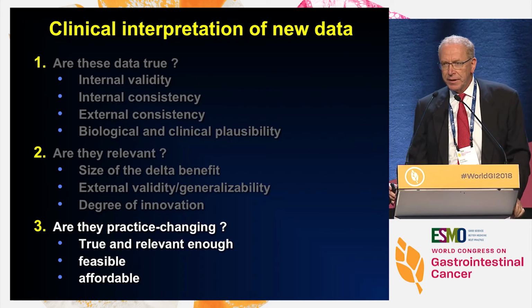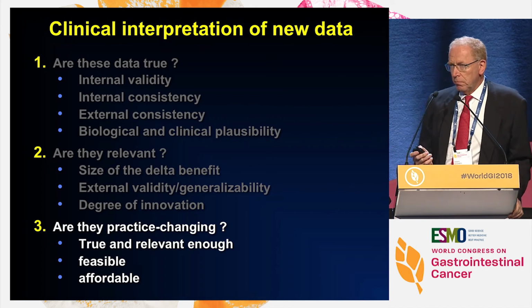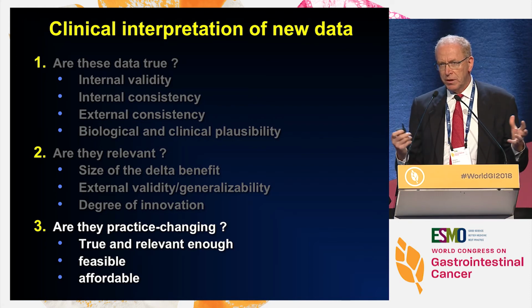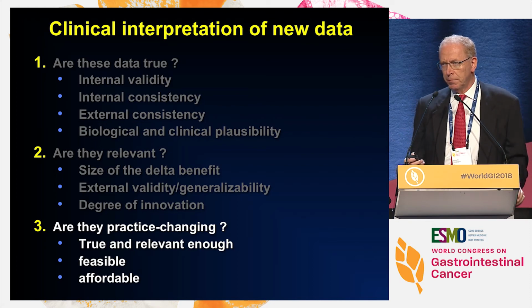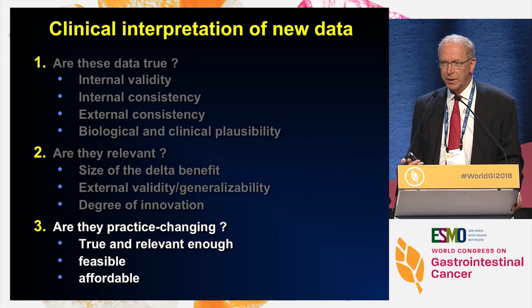Finally, are the data practice changing? So they need to be true enough, relevant enough. They should be feasible and affordable, the regimen and the treatment. Now again, that becomes a really prohibitive task sometimes, deciding whether or not this is practice changing.